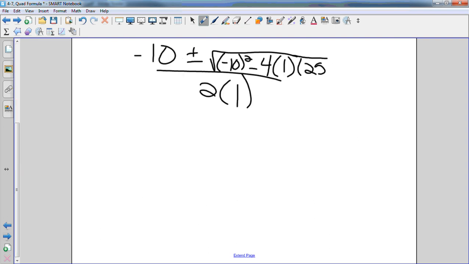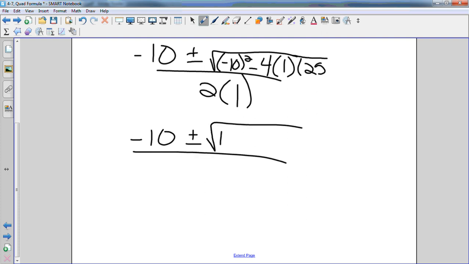Once you have everything plugged in, find your discriminant, find the square root, and figure out what kind of solutions you're going to have. X-intercept. So I have negative 10 plus or minus. Negative 10 squared is 100. Minus 4 times 25. What kind of solution am I going to have? 1 solution.